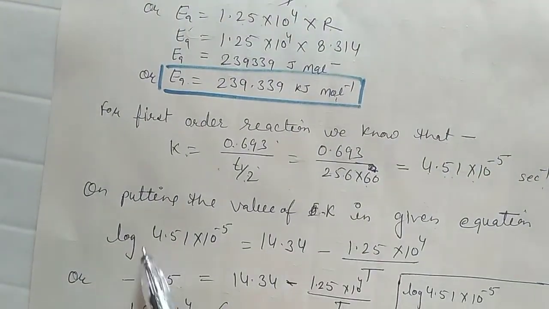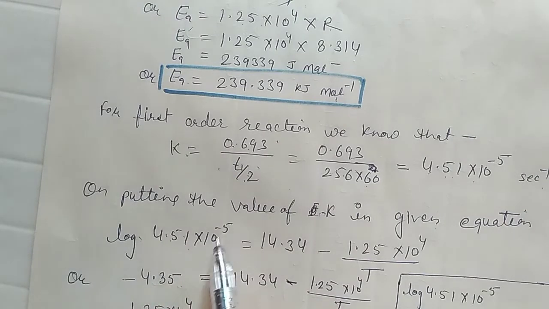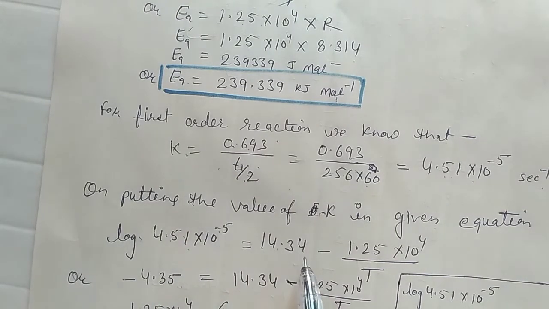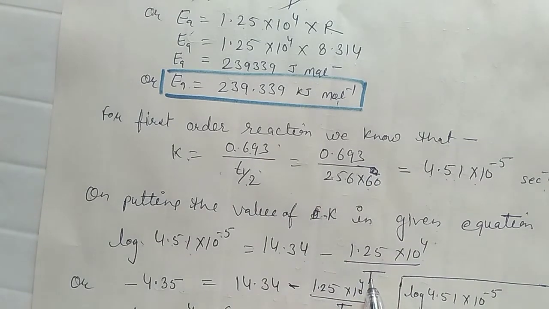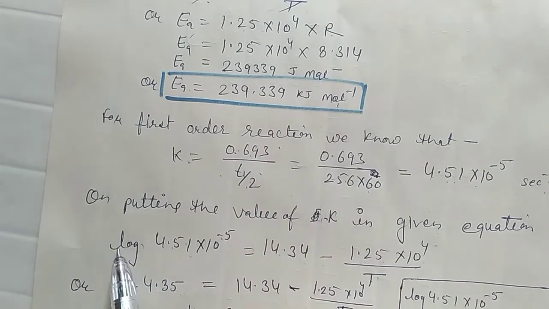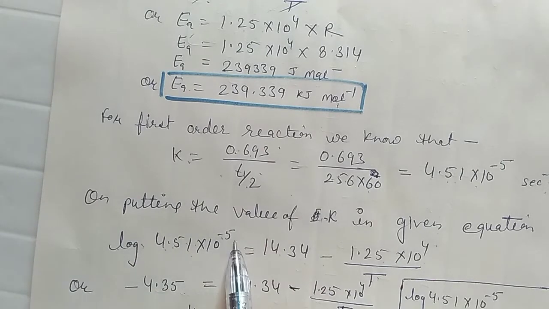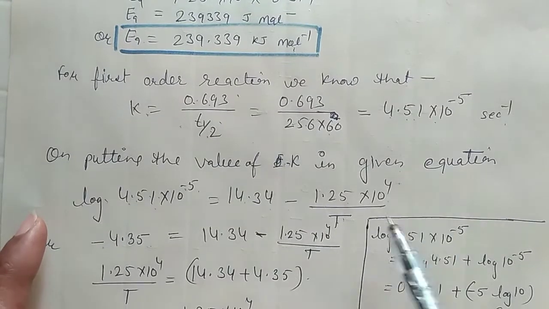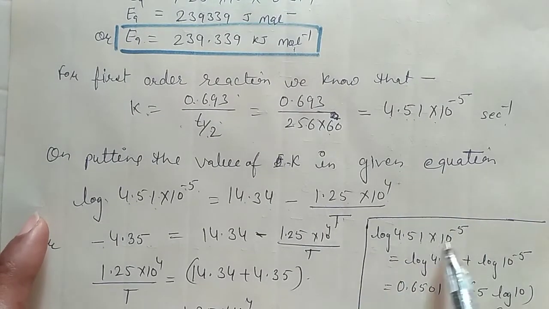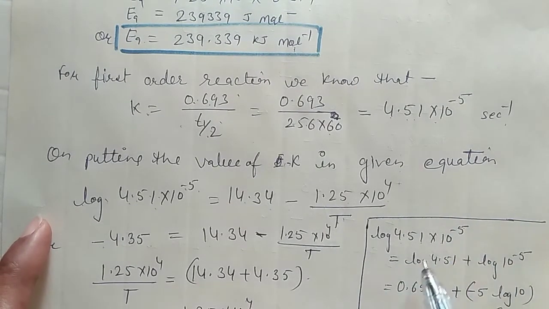So log 4.51 into 10 to the power minus 5 is equal to 14.34 minus 1.25 into 10 to the power 4 upon T. We can calculate T. Log 4.51 into 10 to the power minus 5 is minus 4.35. How? Log 4.51 into 10 to the power minus 5 means log 4.51 plus log 10 to the power minus 5.